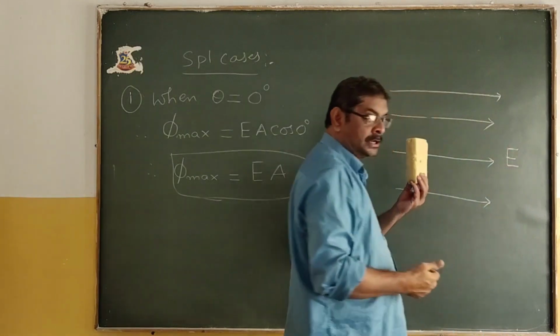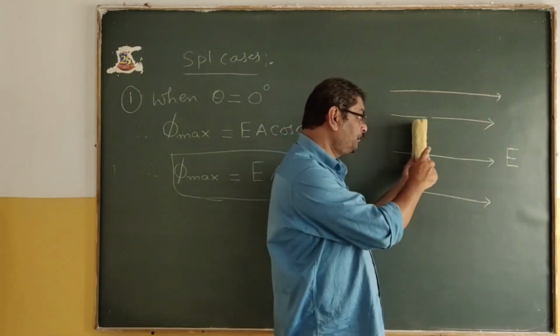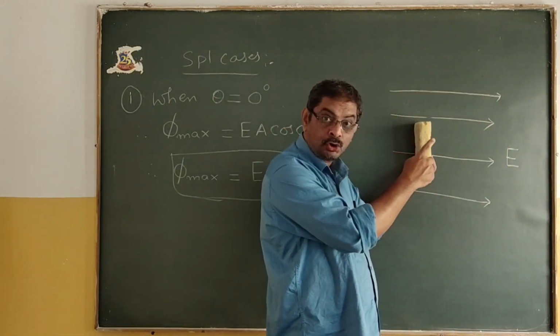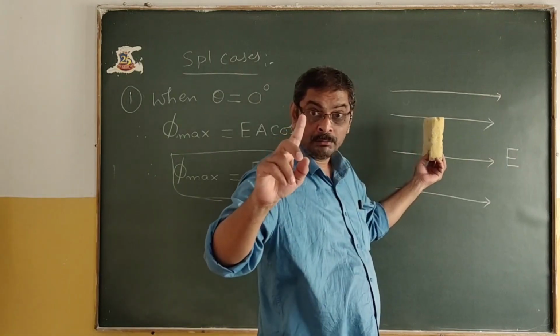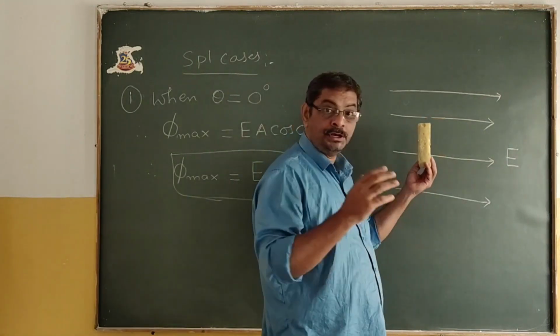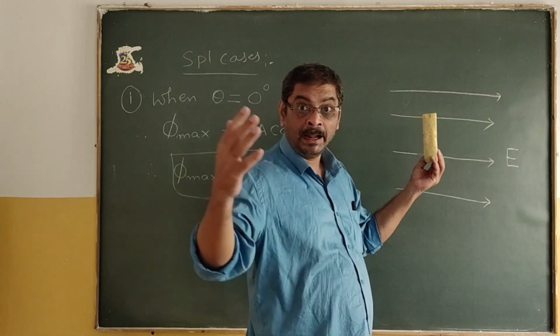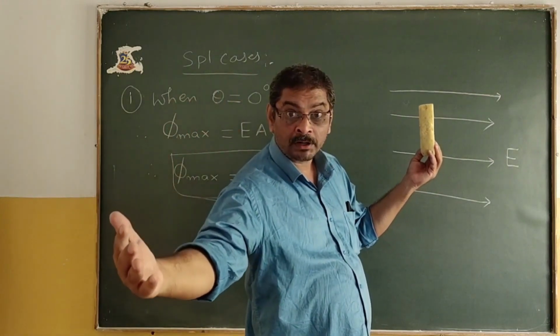So the direction of the electric field will be horizontal. And can you tell me now what will be the direction of the area vector?